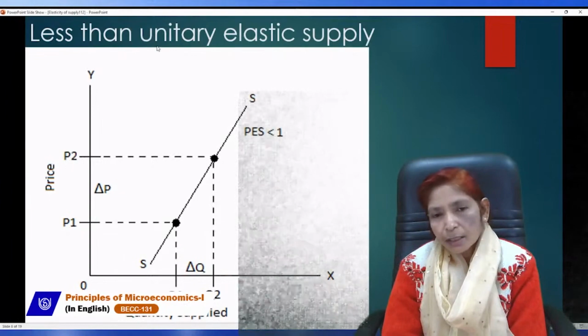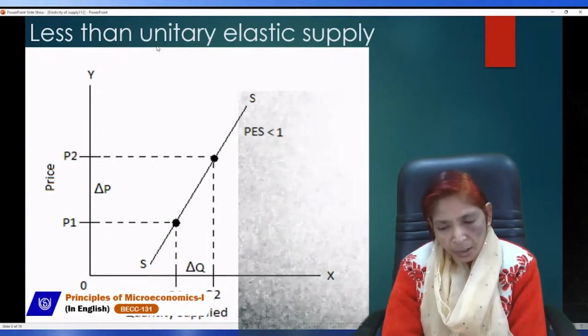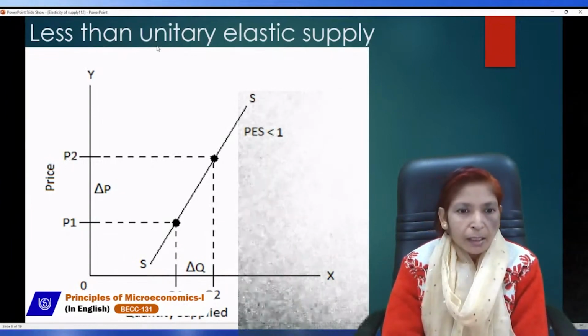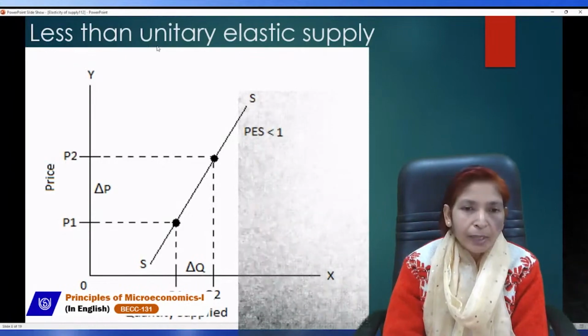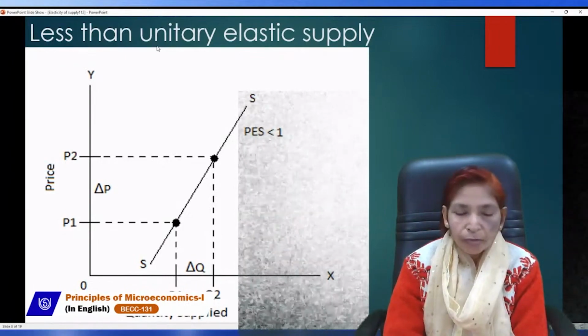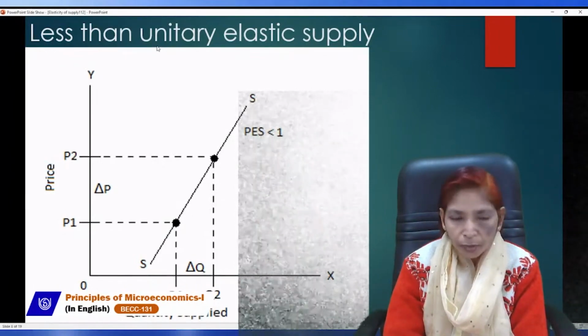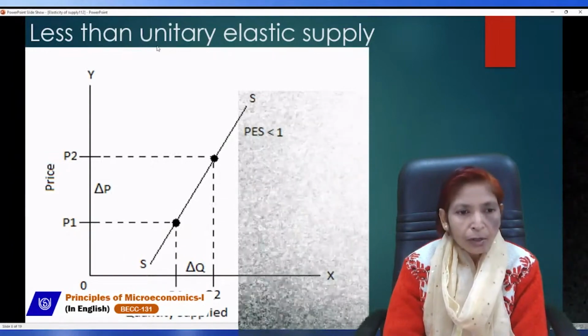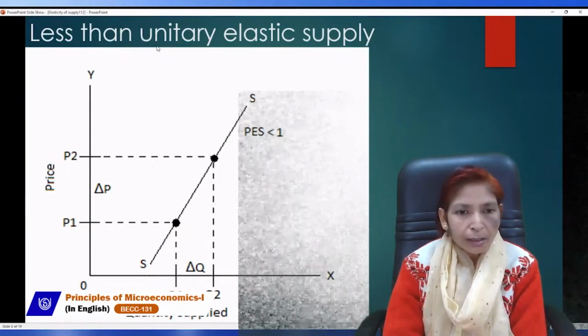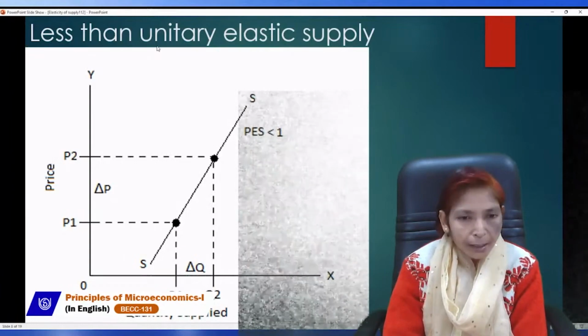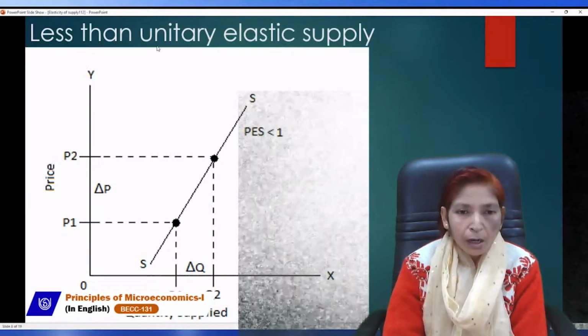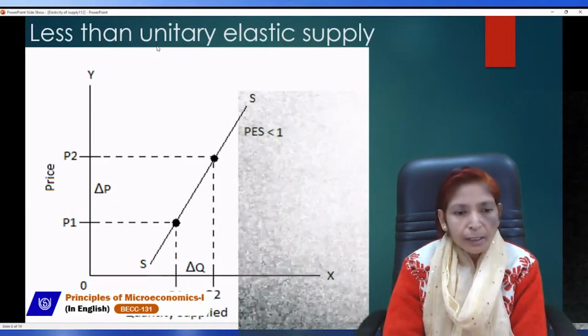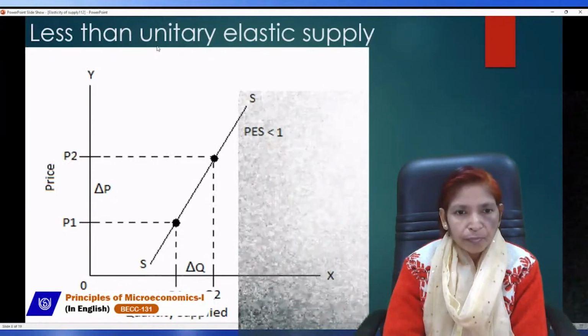than unitary elastic supply. In this case, the diagram will start from the x-axis, not from the origin, not from the y-axis, not a horizontal line, not a vertical line. It will always start from the x-axis.